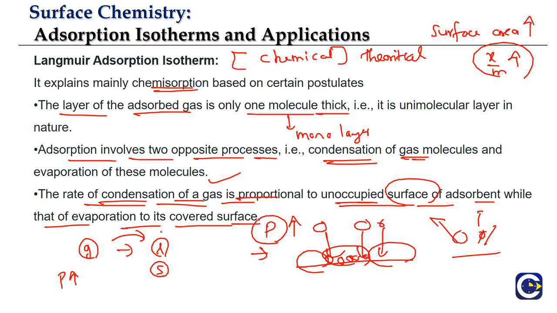And this will keep happening till all the surface area is covered. So there is a limitation to which adsorption can happen. This is how the Langmuir adsorption isotherm is able to theoretically explain the possibility of reaching saturation, and also how the pressure affects the extent of adsorption.